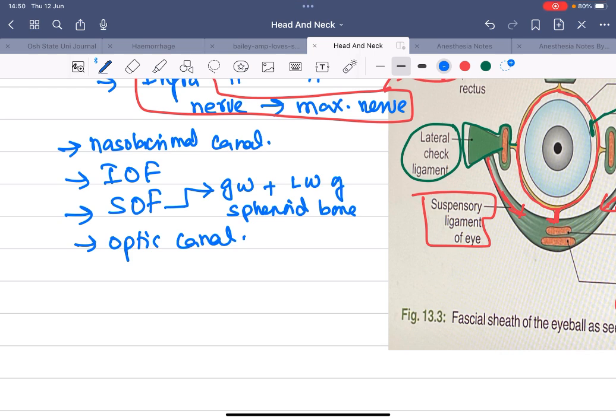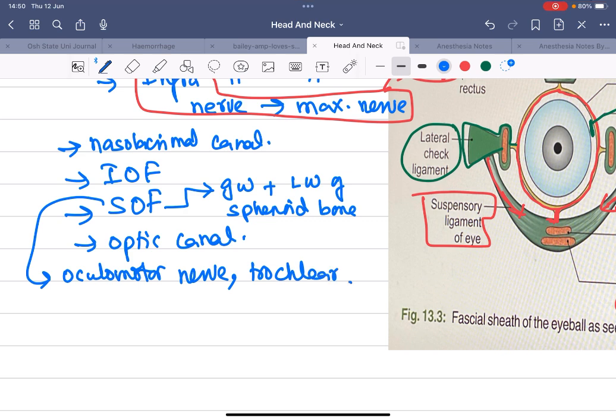Through it pass various nerves. Superior orbital fissure, you must know: oculomotor nerve, trochlear nerve, abducens nerve, the sixth cranial nerve. Oculomotor nerve, both divisions, superior and inferior divisions.